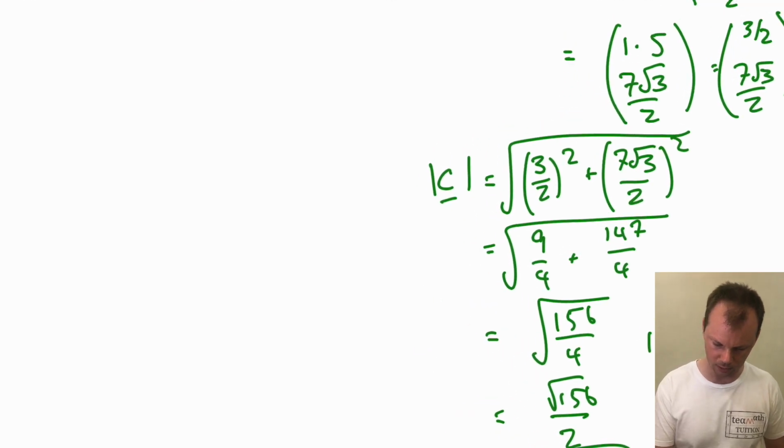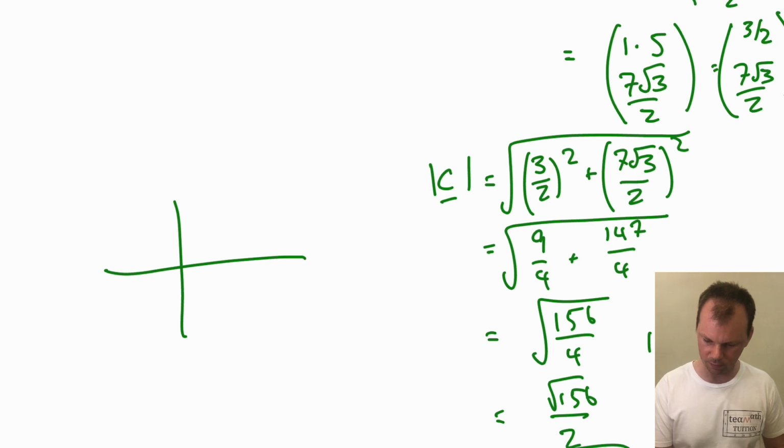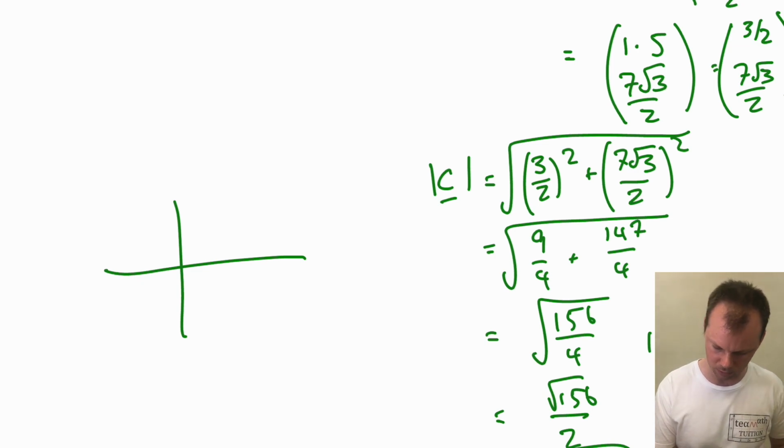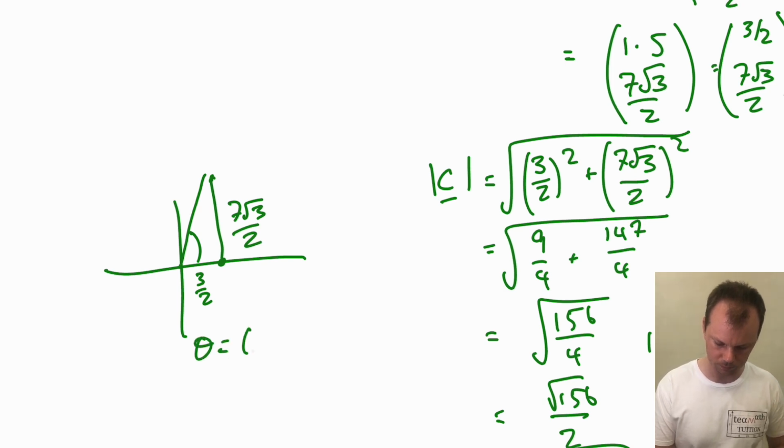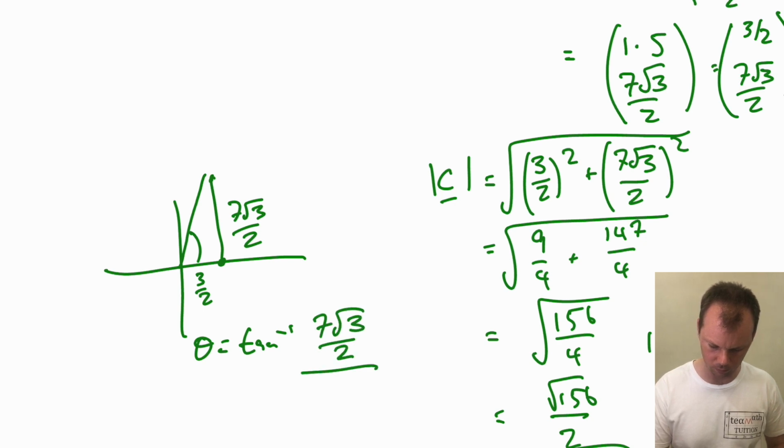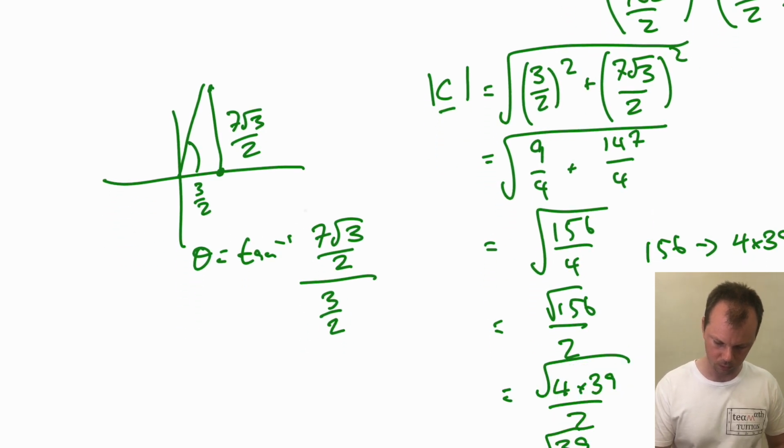Our angle is, let's draw it out. We've got 7 root 3 on 2. I'm not sure exactly what that is. That's about 6. So we've got 1.5 across, and we've got about 6 up. So our angle looks something like that. So theta. I'm going to put that into my calculator like this, and you don't need to show this working.